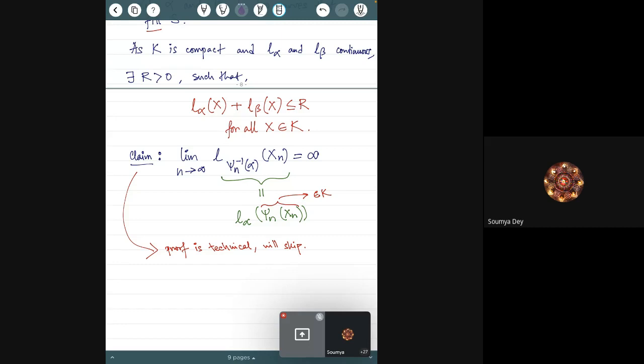So this is basically contradicting these two facts. So this and this are contradictory. So there is a contradiction. I'll not be proving this claim, but this is the main idea of the proof. Okay, maybe I'll stop here.